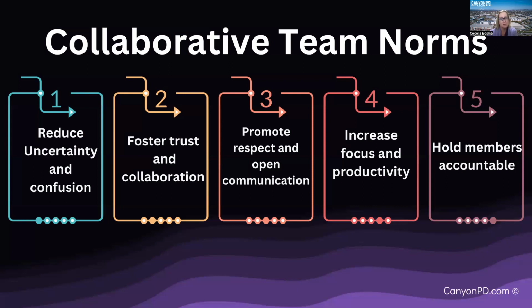In order for the team to build that culture, there has to be a level of trust and an invitation for collaboration. We want to make sure that we're promoting respect and open communication. And yes, this is possible with creation of team norms and just taking that time to spend with each other. And then, of course, we want to increase focus and productivity.